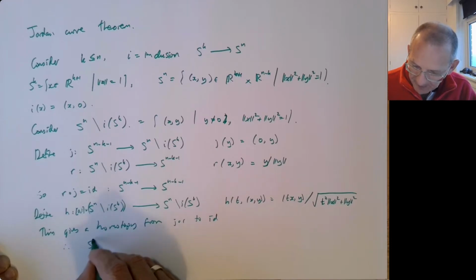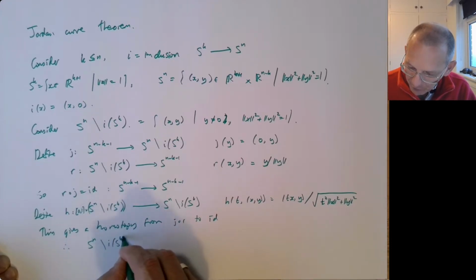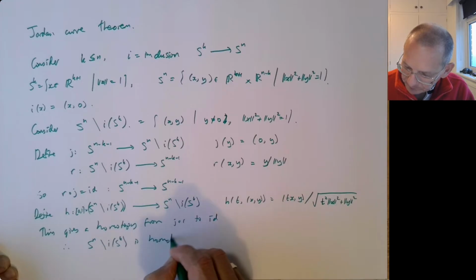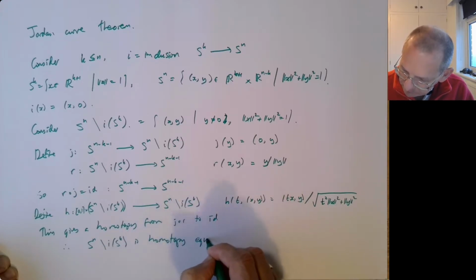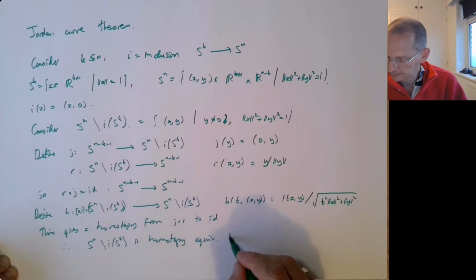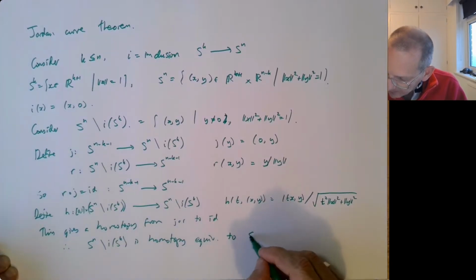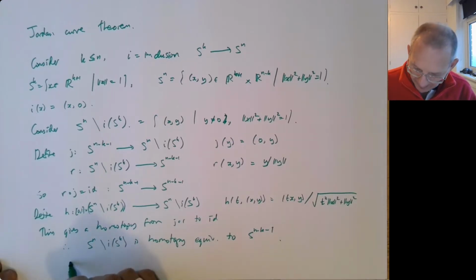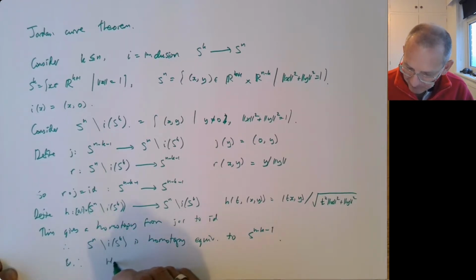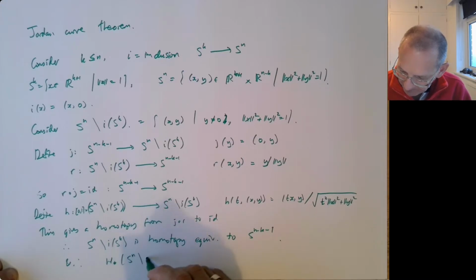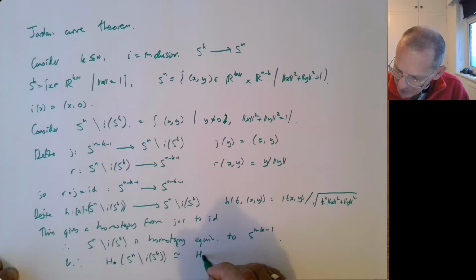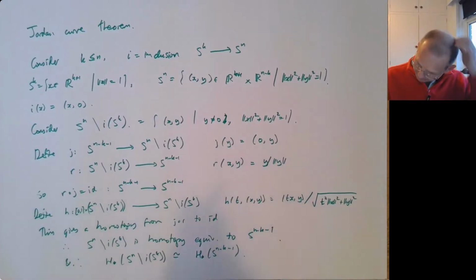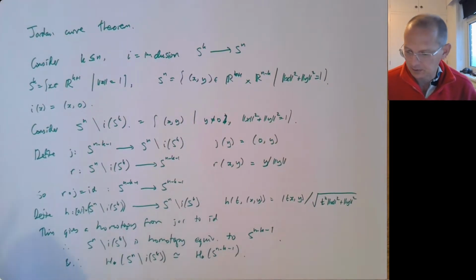So we see that S^n with I of S^k removed is homotopy equivalent to S^(n-k-1). And therefore the homology of S^n less I of S^k is isomorphic to the homology of S^(n-k-1).